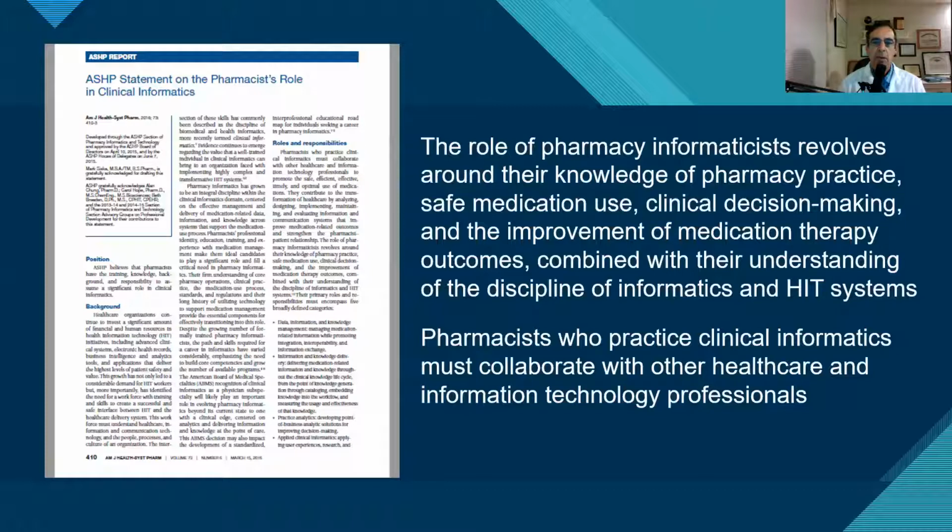So we're talking about collaboration between different disciplines. But again, the role of the pharmacy informaticist revolves around their knowledge of pharmacy practice. So you have to be a pharmacist first, know pharmacy practice, and then get into safe medication use, clinical decision-making, and the improvement of medication therapy outcomes, combined with their understanding of the discipline of informatics and HIT systems. You have to know the concepts of information technology, but you have to know pharmacy and pharmacy workflow. And this is restated in this statement from 2016.